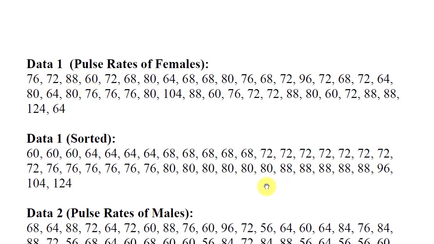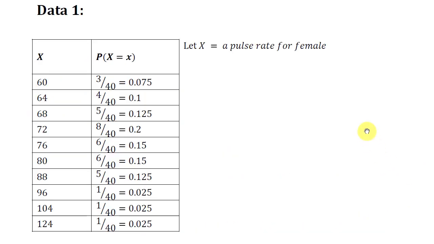Then, throughout our earlier work, we worked a lot with the sorted version of data one. And very recently, when we learned about categorical data, we reorganized data one into a table listing distinct values with relative frequencies, and consequently these became the probability.